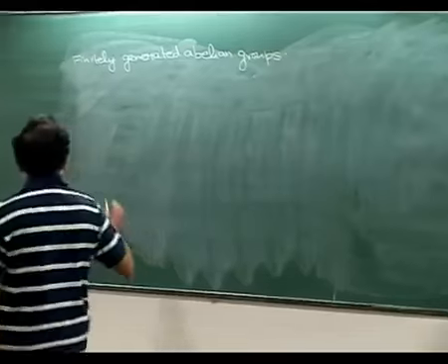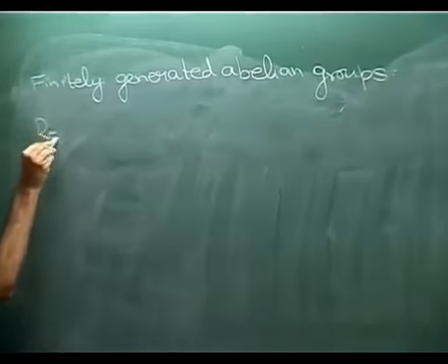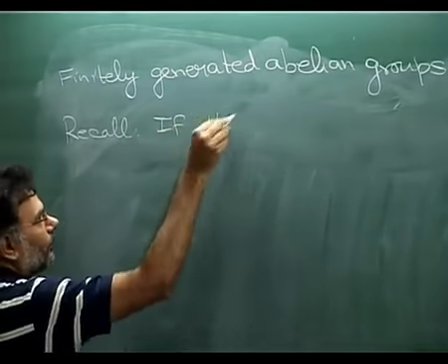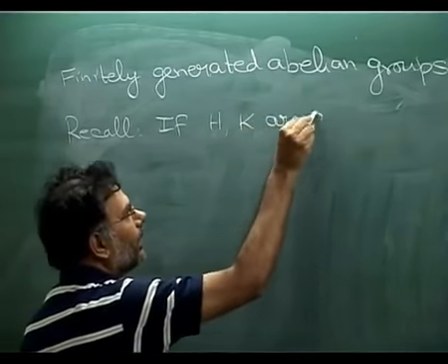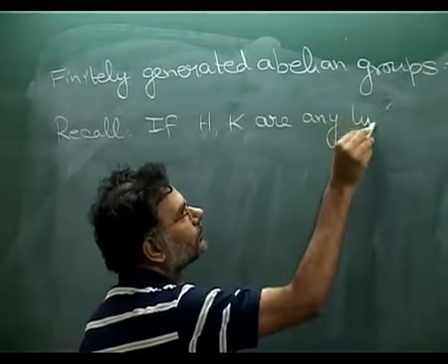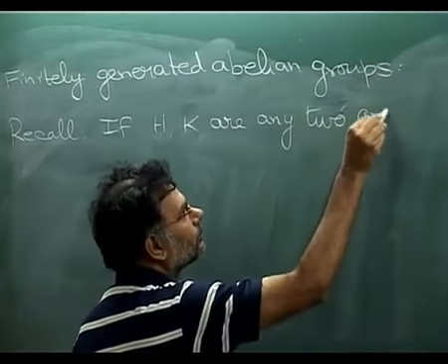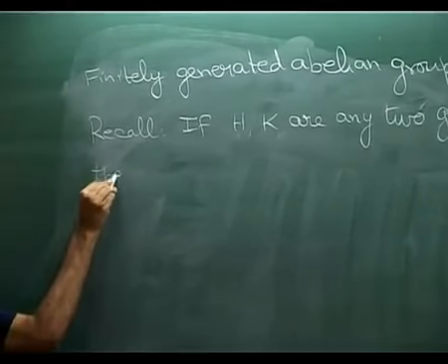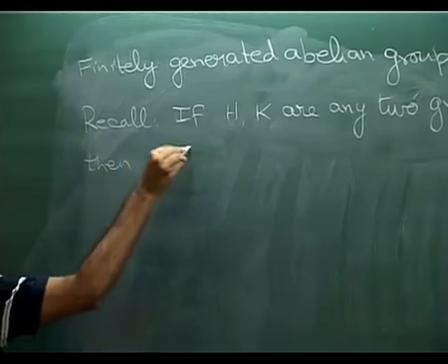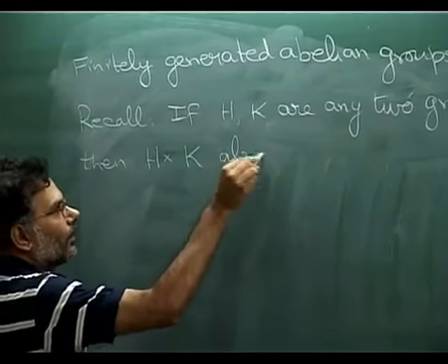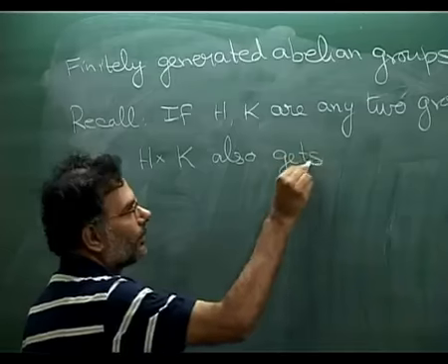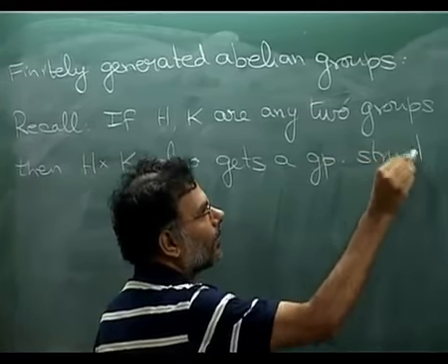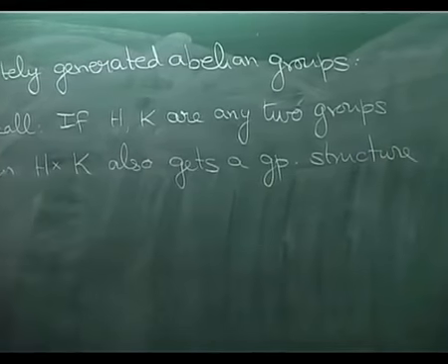So recall that if H and K are any two groups, then H cross K, the Cartesian product, also gets a group structure by doing pointwise operations.